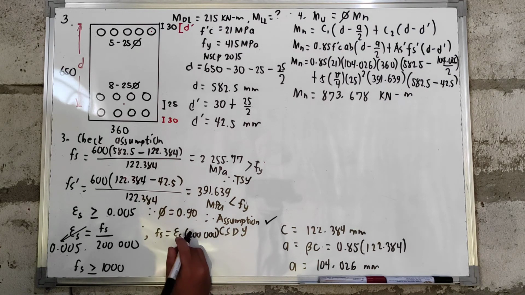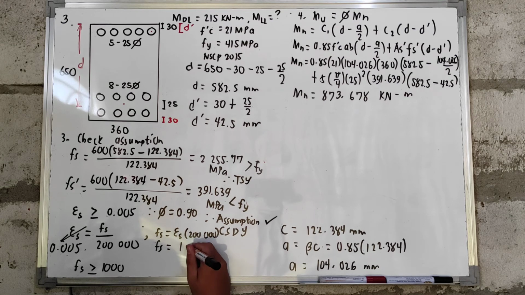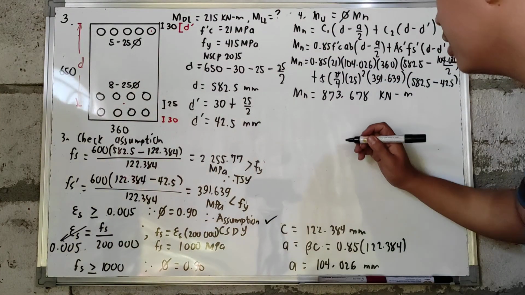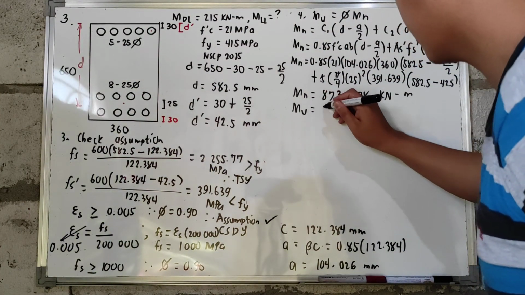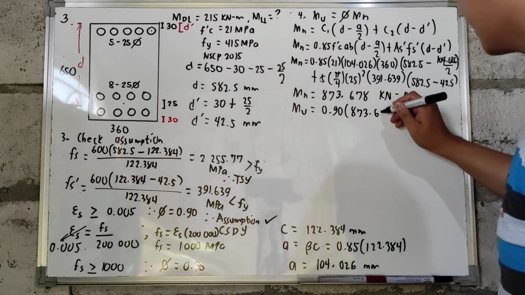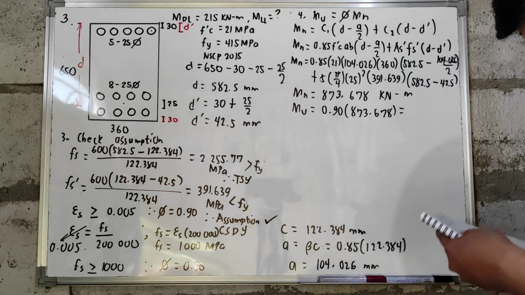Yung epsilon S natin, this is 0.005 multiplied by 200,000. That is equal to 1,000 megapascal. Therefore, if your Fs is greater than or equal to 1,000, the value of your reduction factor, that is 0.90. So kung i-refer natin dito, your Mu is now equal to 0.90 multiplied by 873.678 kilonewton meter.